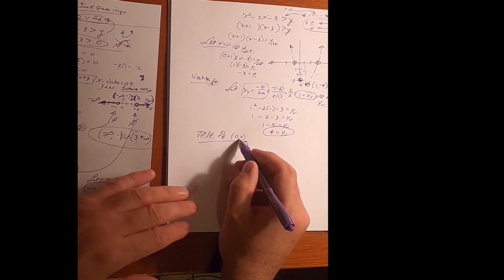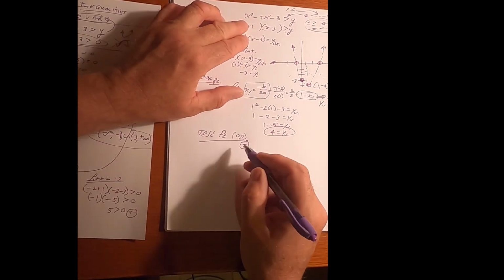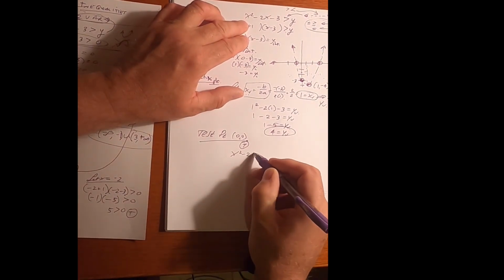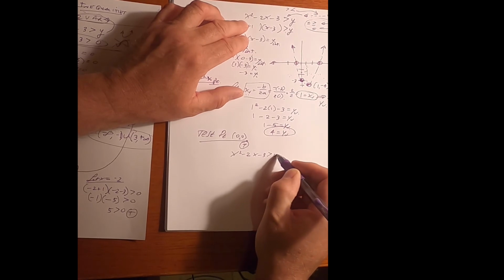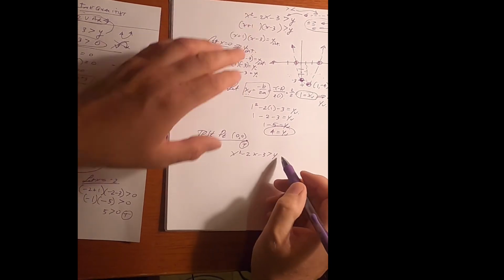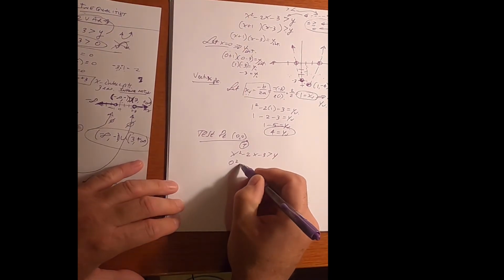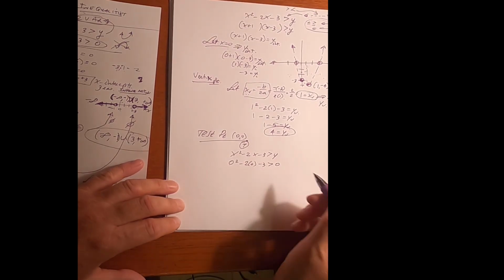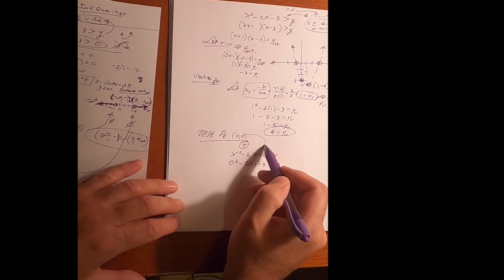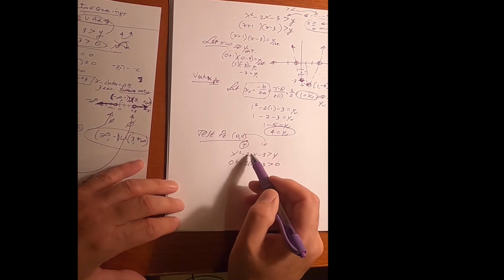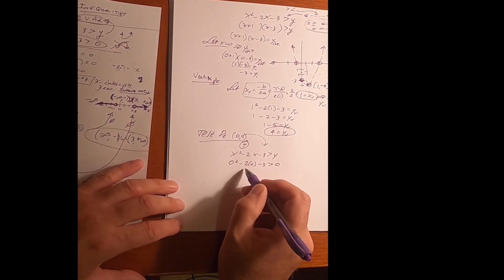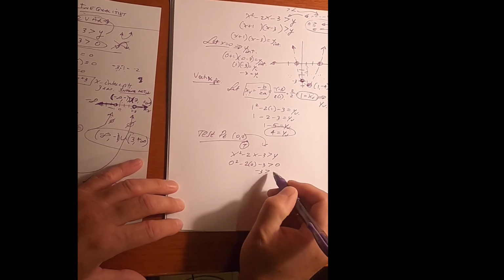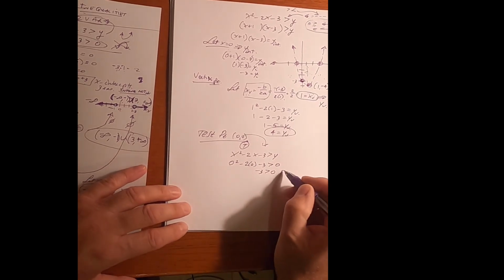All right, 0, 0. Here we go. Into x squared minus 2x minus 3 is greater than y. So I get 0 squared minus 2 times 0 minus 3. Is that greater than 0? I substituted these values into the equation. So I just get negative 3 is greater than 0. Is that true? No, it's false.